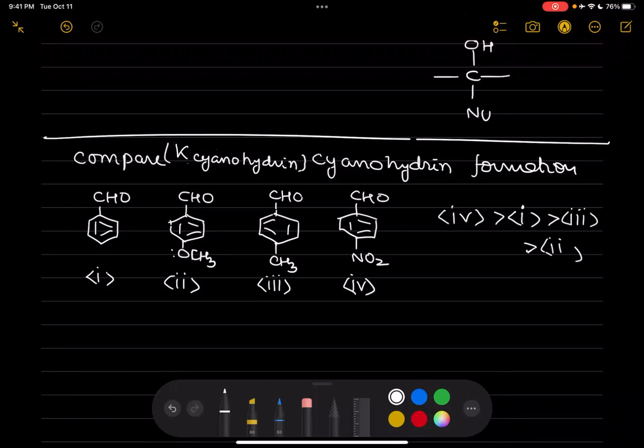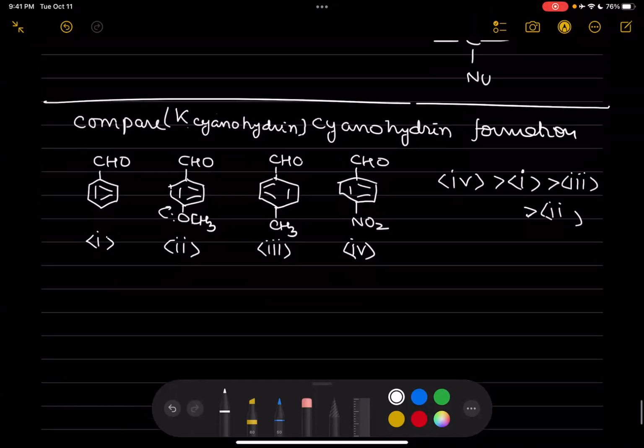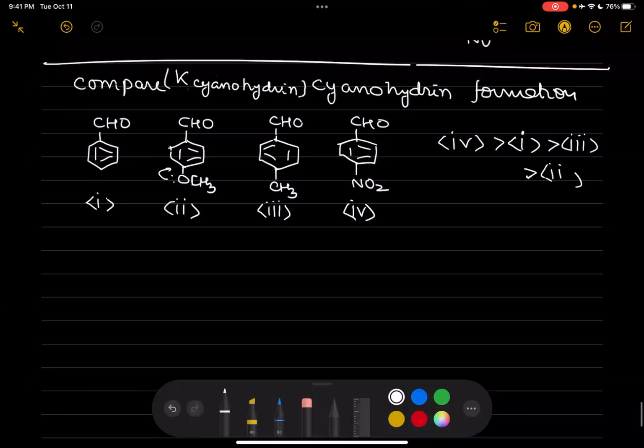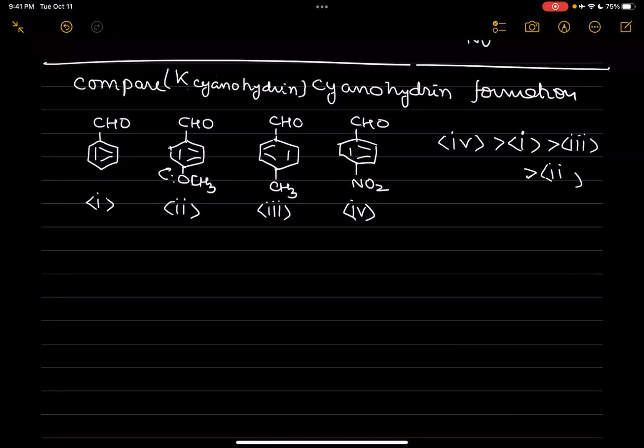Option two, because it is doing the resonance, so that is going to be the least reactive in terms of cyanohydrin formation, right? Yes, sir. So you need to compare the nucleophilic addition reaction rate.